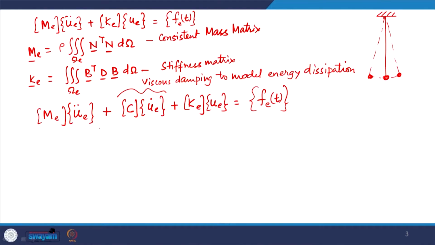This is the only energy dissipation form which yields a linear equation, and therefore, we continue with this form, because compared to these two terms, the inertia term and the elastic restoring force term, the energy dissipation term is generally very small.